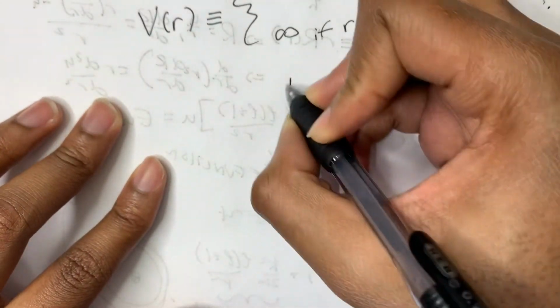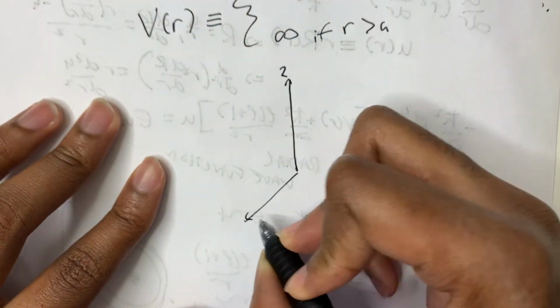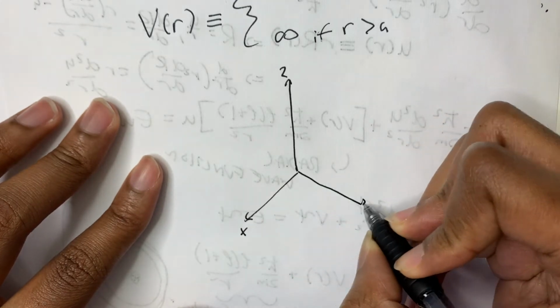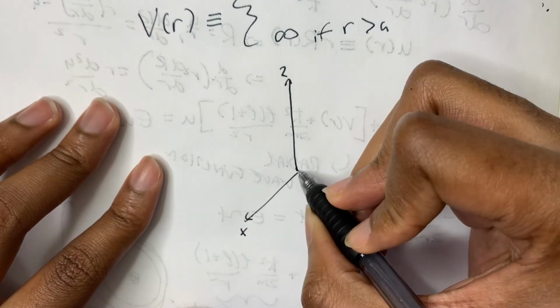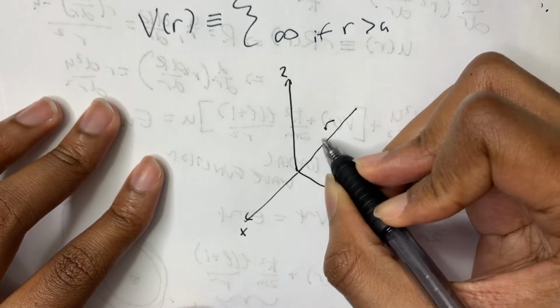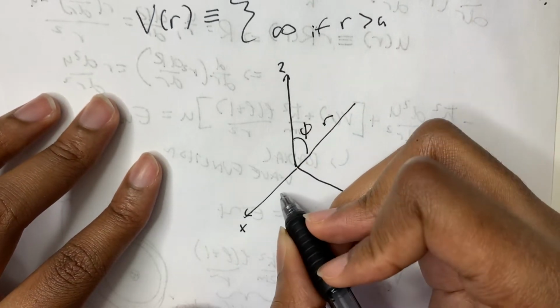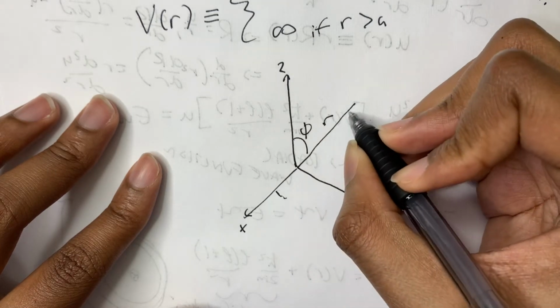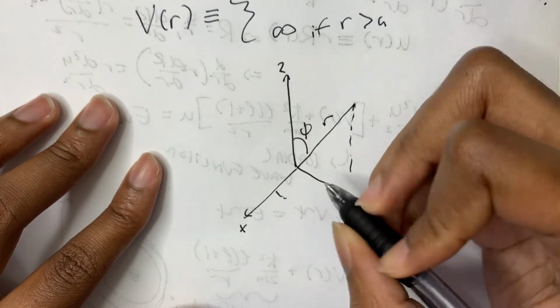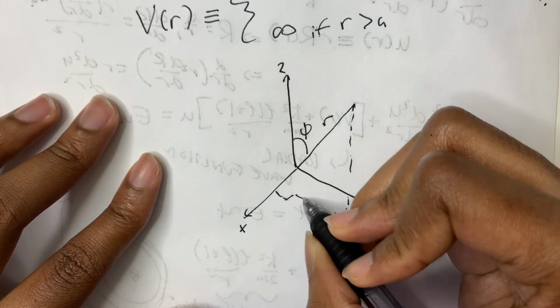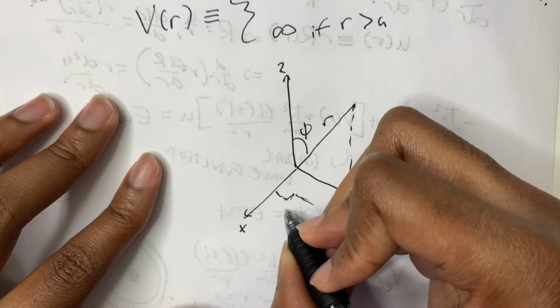So here we have the z-axis, x-axis, the y-axis, and then here we have some radius r, we have some angle phi, and then here, like r, this would go down, and then we'd have some angle theta.